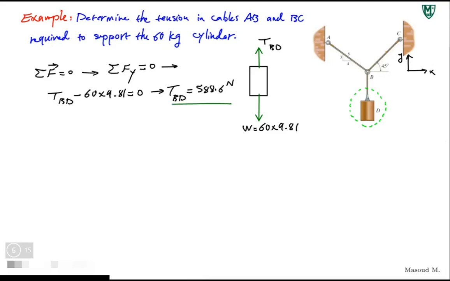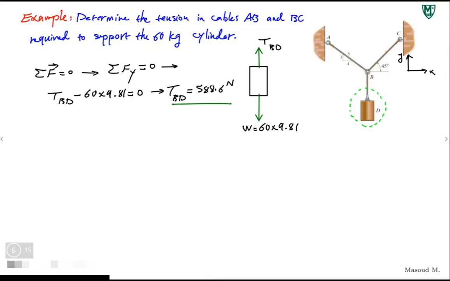All right, keep that there. Now I know the tension in this cable. I can go one step further. Now, remember what I want. I want the tension. So start from where you're given the most information, and work your way towards what you are asked to find. You want to find the tension in AB and tension in BC.